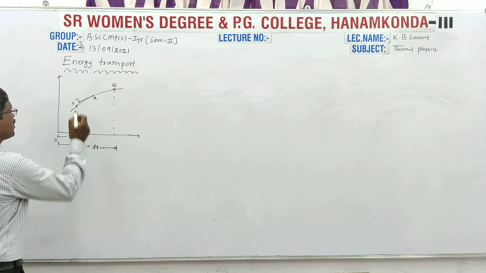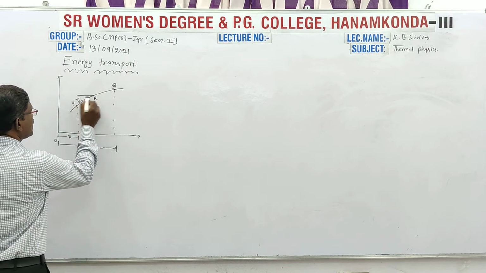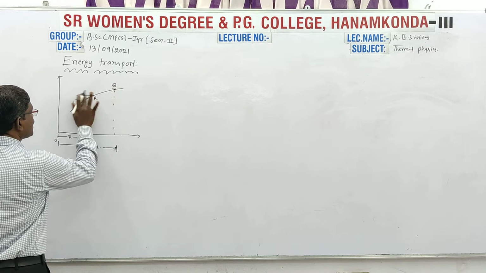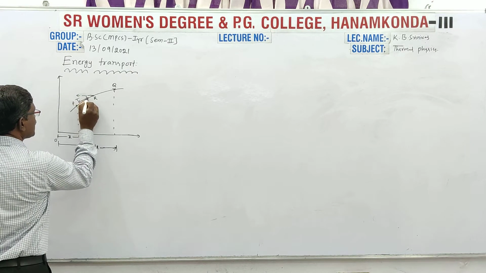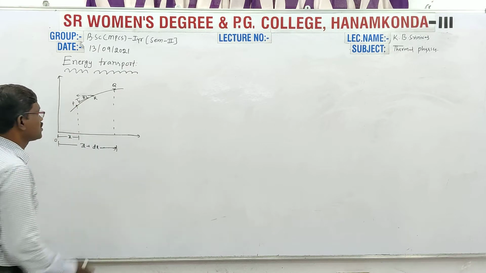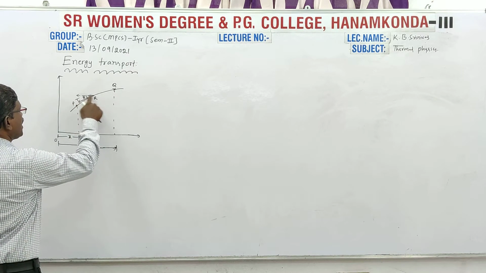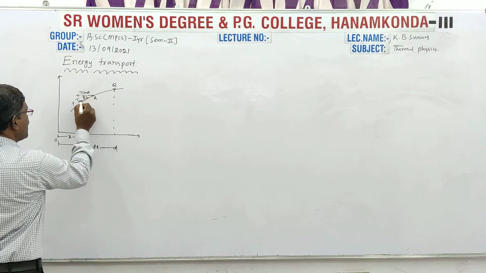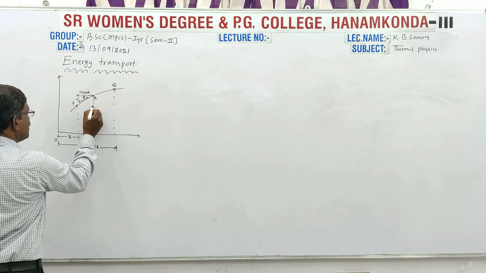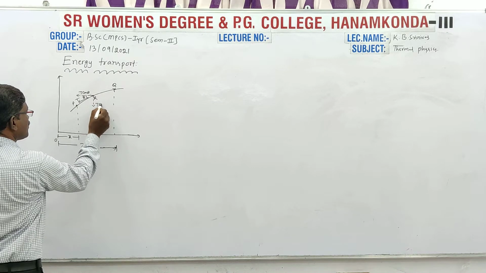This tension makes angle theta with the horizontal direction. The component of T along the x direction is T cos theta, and along the y direction is T sin theta.